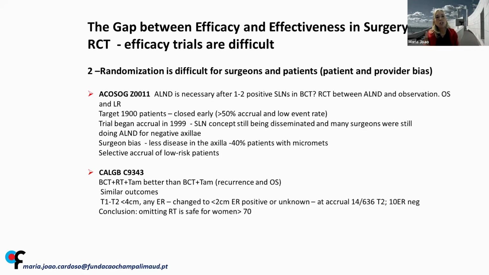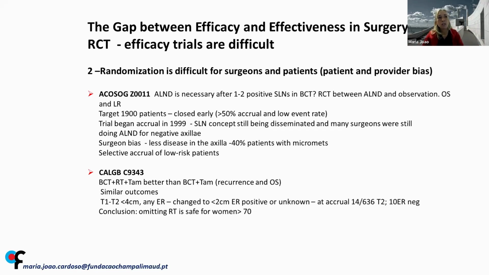Again, the modification of attitudes in trials is very important, because sometimes, and Wim talked about some strategies you can use to modify this, but at the time, for instance, the CALGB was a trial used to treat all the patients with breast conservation, radiotherapy and tamoxifen, and prove that this was better than only breast conservation and tamoxifen. But along the trial, because it was clear that the inclusion criteria were too broad, the criteria were going down.